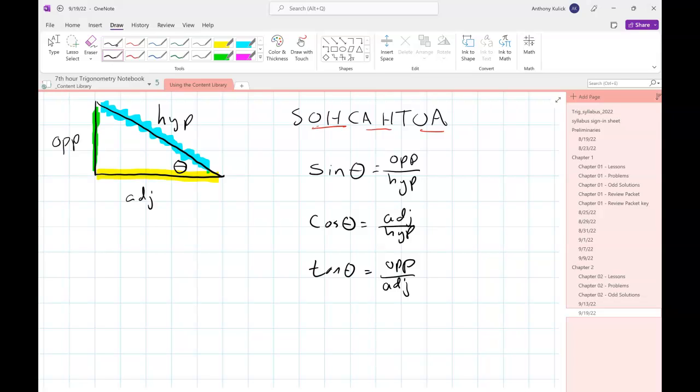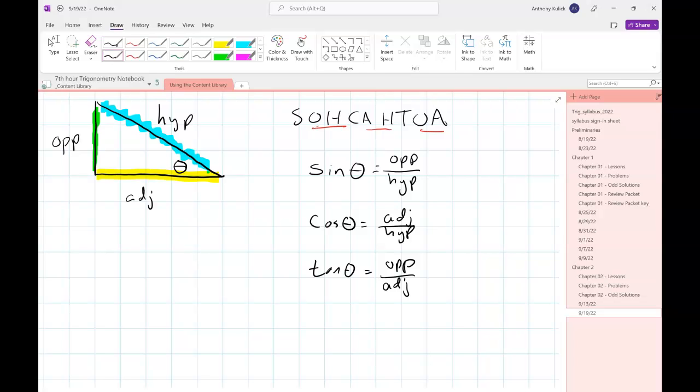Everybody remember all this? Now, if I look at that triangle, I have 3 different side lengths, right? If I want to make a ratio out of that, there's 6 possible ratios I could make, right? Like, why not have hypotenuse over opposite?